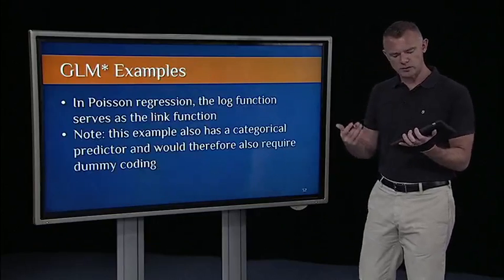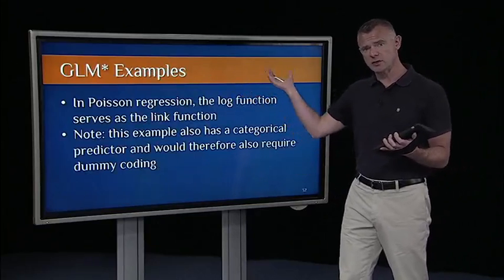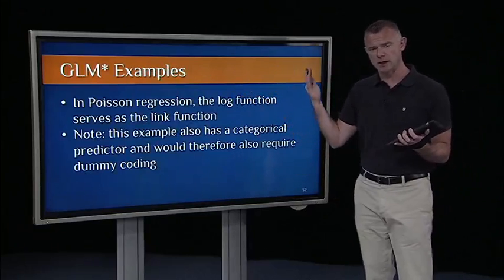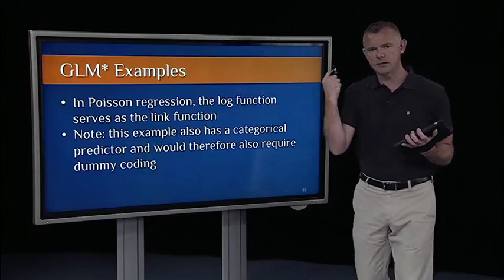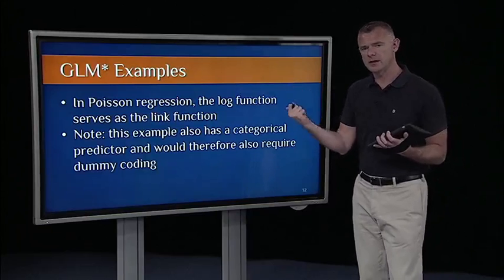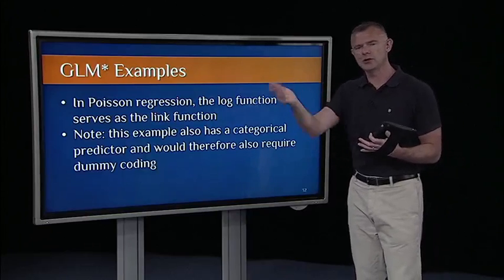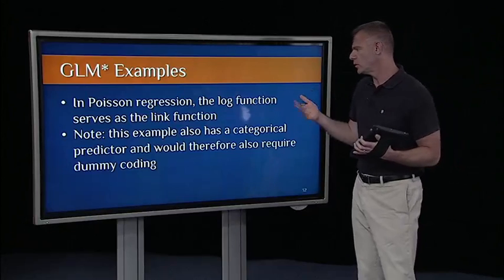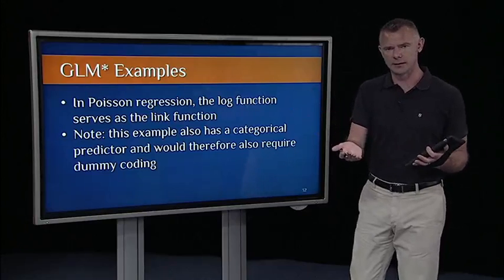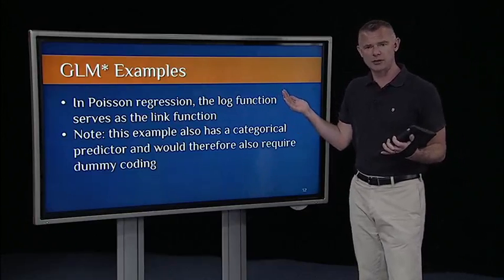To do a Poisson regression, we just use this GLM star framework, the generalized linear model framework, and apply a different link function. In this case, it's the log function. So instead of doing logit like we did for binomial or multinomial regression, we'll just apply the log function as the link function. And that allows us to test a Poisson regression.